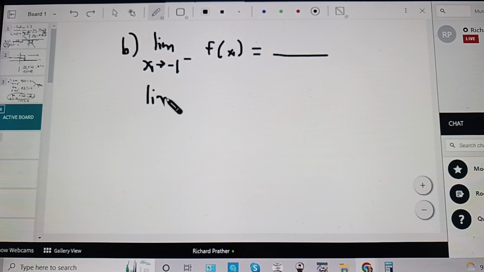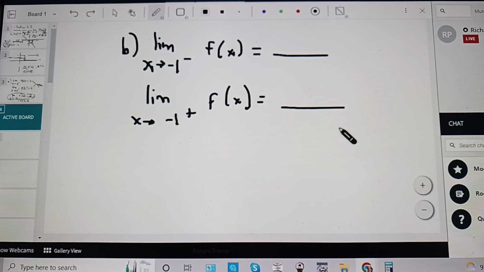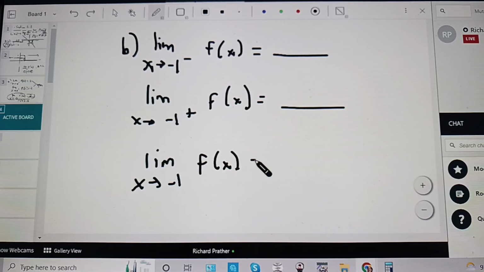Then do it again from the right, and get an answer for that. And then if you hope to have an overall answer, these two have to agree with each other. If these two disagree, then there's no answer to the actual question they're asking for, which is the overall limit of -1, which may or may not be anything similar to what f of -1 is.